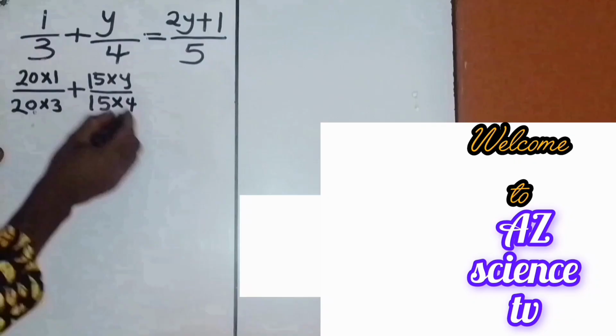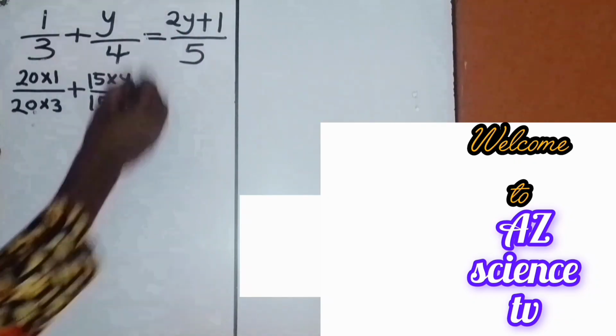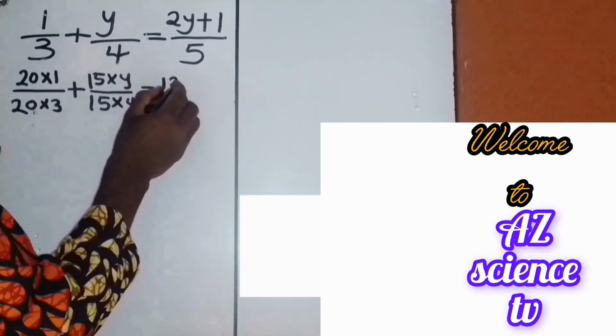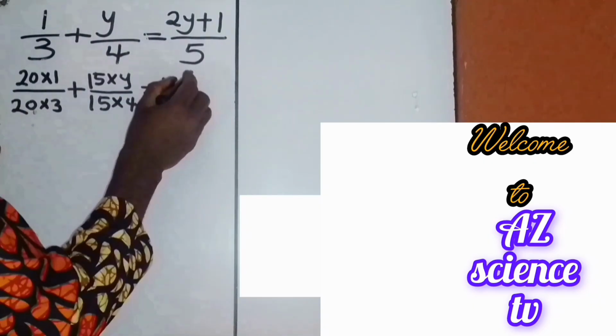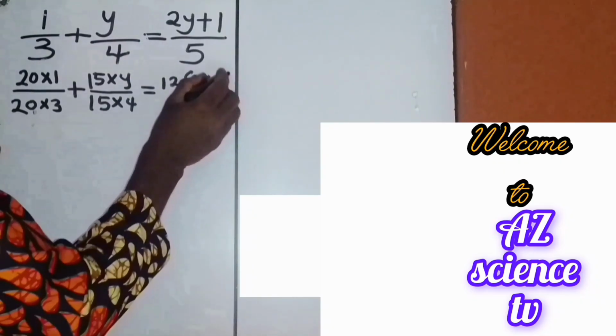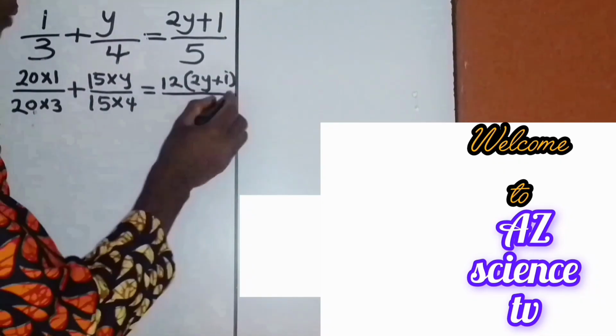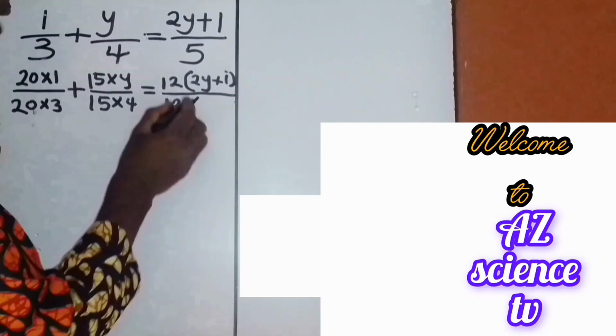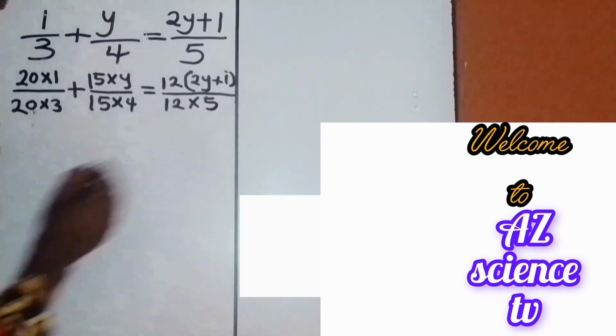Then equal to, we do the same here: 12 times (2y plus 1), all divided by 12 times 5. So we have equated.